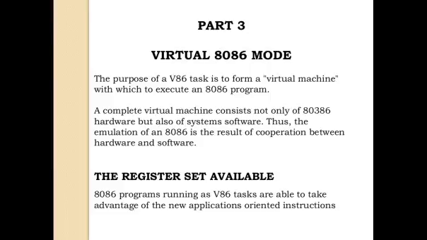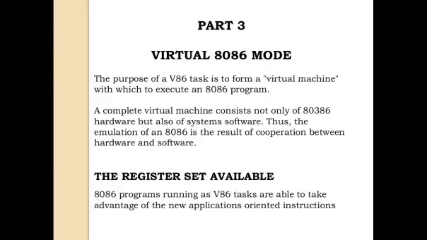It also supports the instruction set of 8086, and it results in cooperation between hardware and software. So the hardware is 32-bit hardware, but it is supported by software of 32-bit instruction length plus the instructions of 8086.